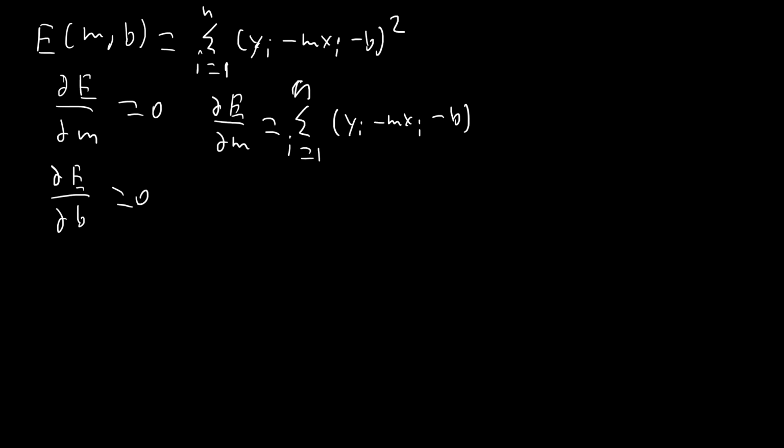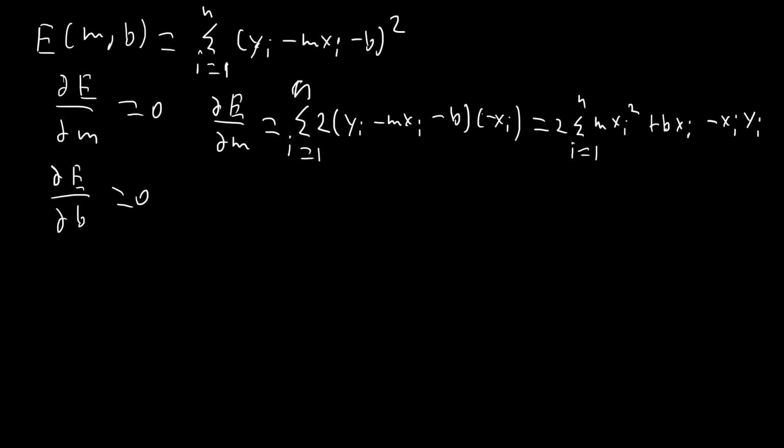Then we bring the 2 to the front, and because of the chain rule, we multiply by negative xi. I'm going to reorganize this as positive 2 times the sum from i equals 1 to n of mxi squared plus bxi minus xi yi, just multiplying that all out.